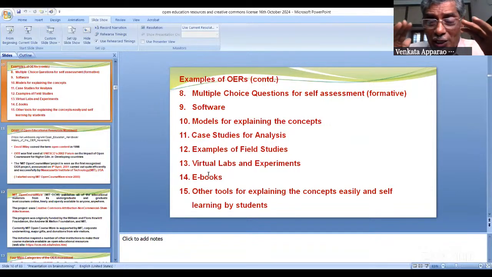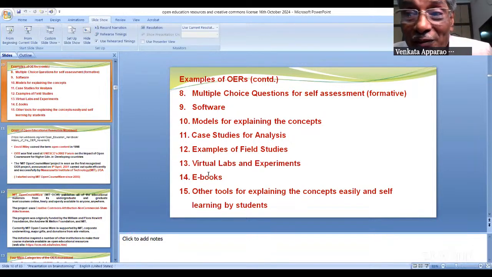Selection of a good e-book is very, very important. So that students don't have to pay anything, but they get the best material available in the world. Other tools for explaining the concepts easily and for self-learning by students. For all these things, you have examples of OERs available on the websites of the best universities in the world.